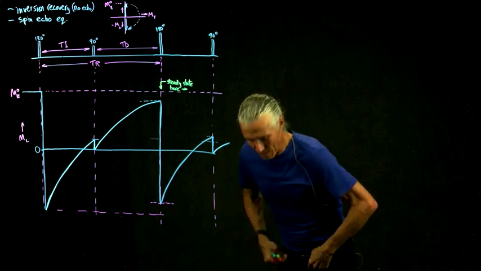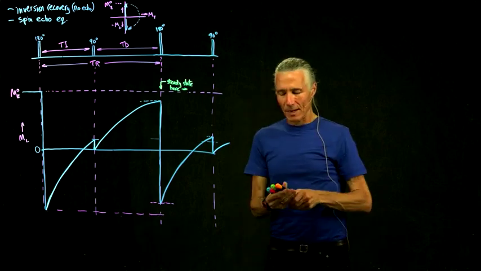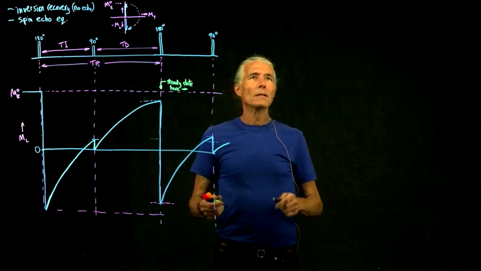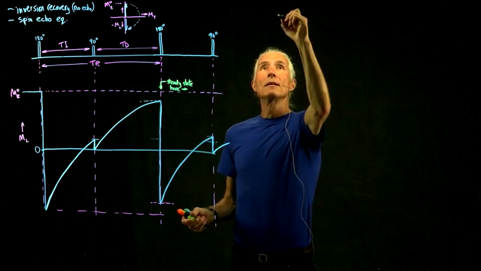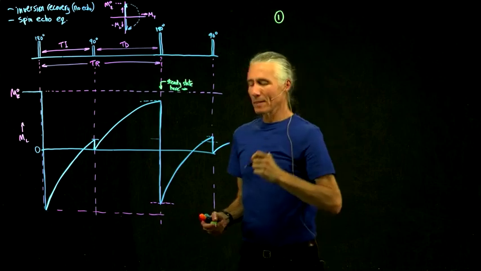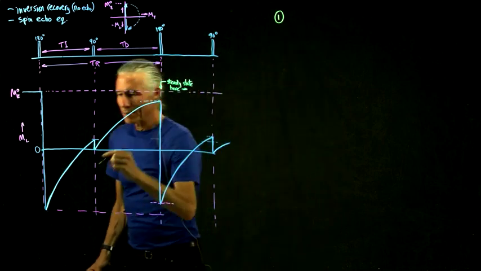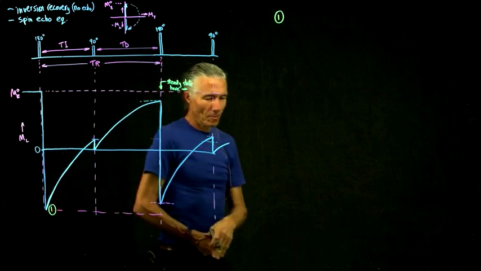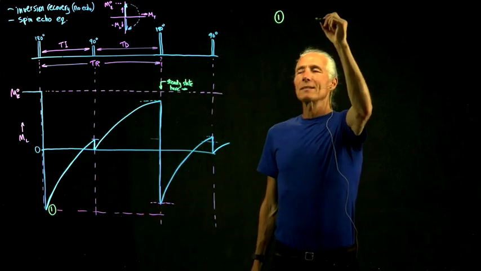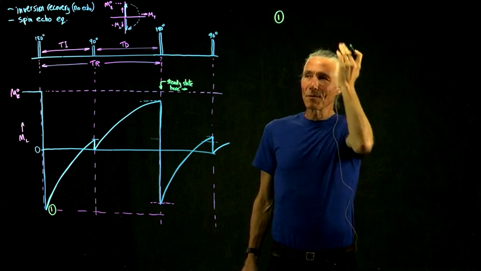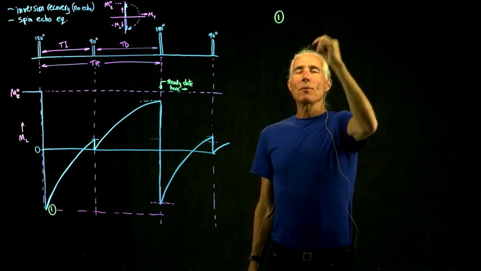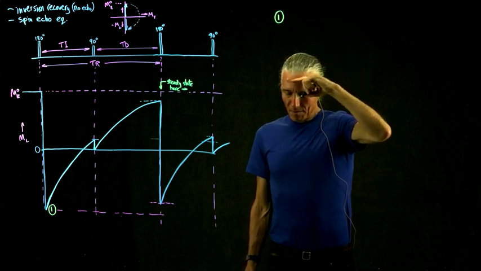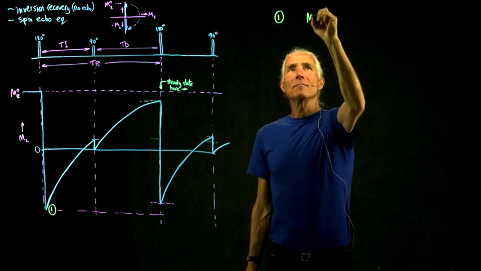Okay, so what's the equations for that guy? So if we start off at point 1. So where is point 1? So here's point 1 down here. So what's the Bloch equation for the MZ?